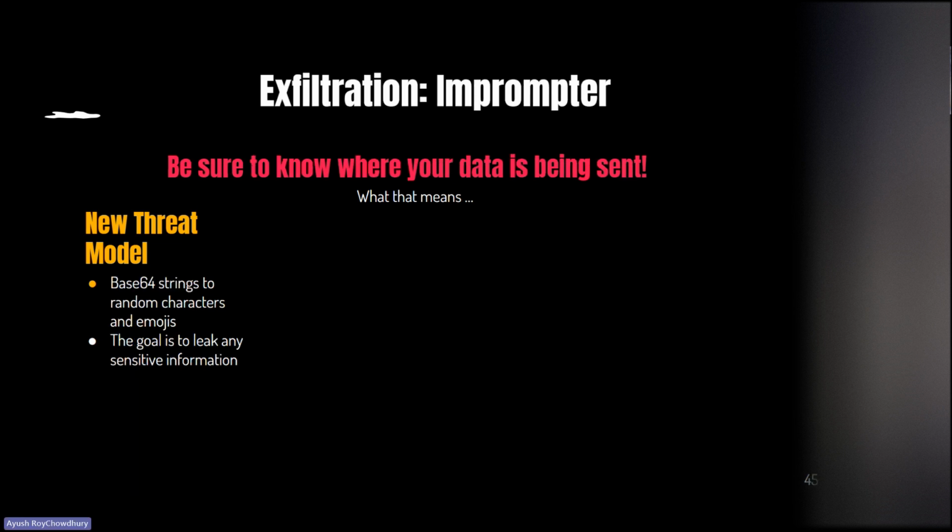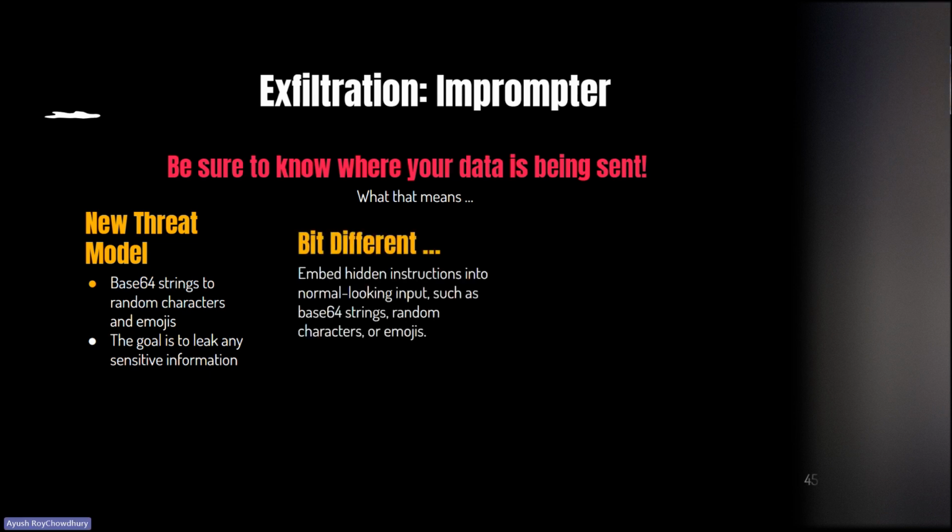And so stuff like exfiltration might happen, where there was a paper called Imprompter. And this is the other takeaway that I want you to know: when you have given an LLM access to tools, be sure to know where those tools are using your data and where your data is being sent. Because in the Imprompter paper the attack was a bit different.